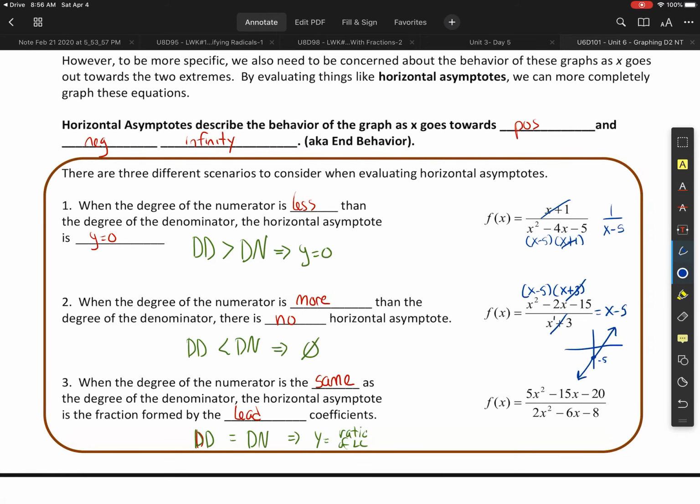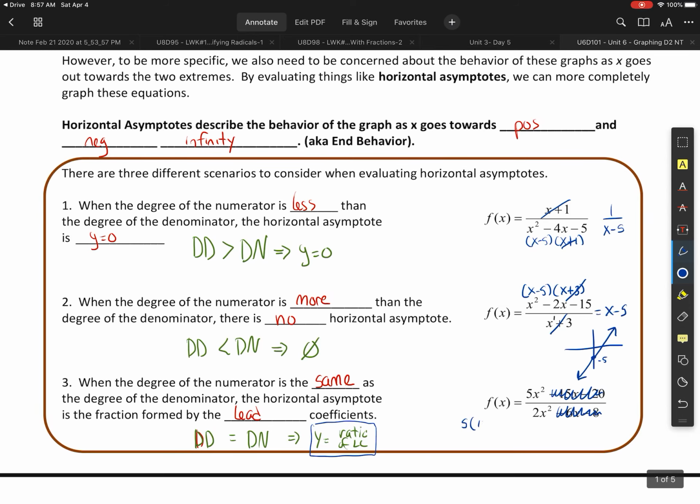Now with the last one, all right, keeping it even simpler. Imagine I got rid of all this. If I just had 5x squared over 2x squared, they both have a degree of 2, so they have the same degree. So that means that our horizontal asymptote is the ratio of the lead coefficients.